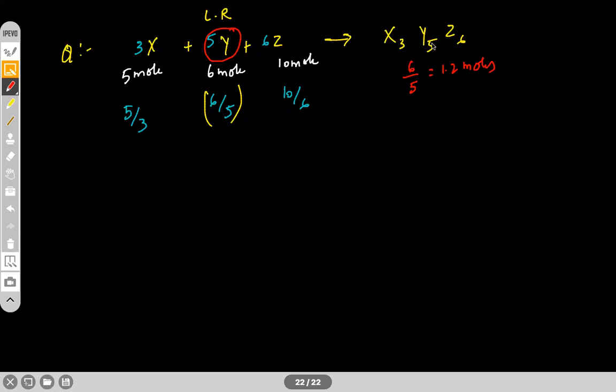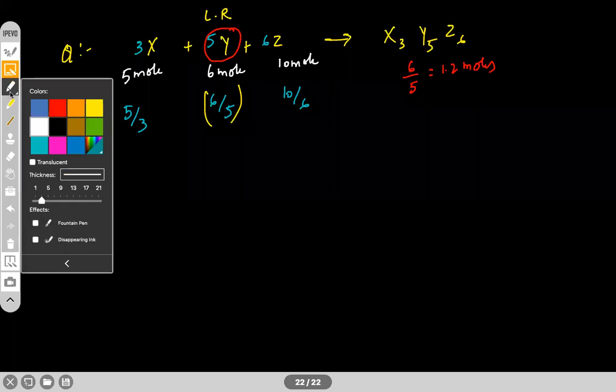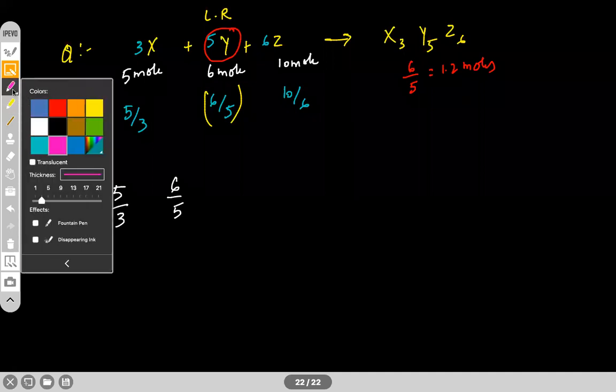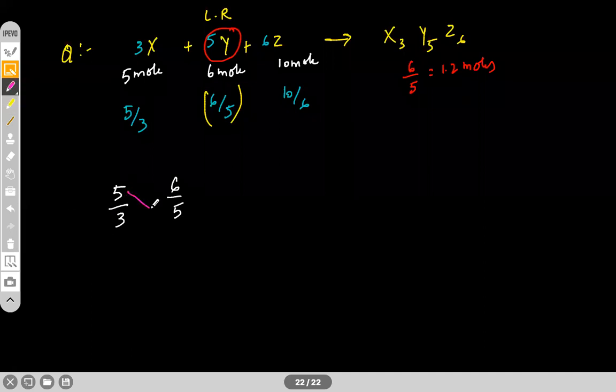Any doubt? See, how do you compare these ratios? I'll tell you one method to compare these ratios. You don't have to find the fraction value. Suppose you have to compare 5 by 3 and 6 by 5. You just cross multiply: 5 into 5 is 25, 6 into 3 is 18.